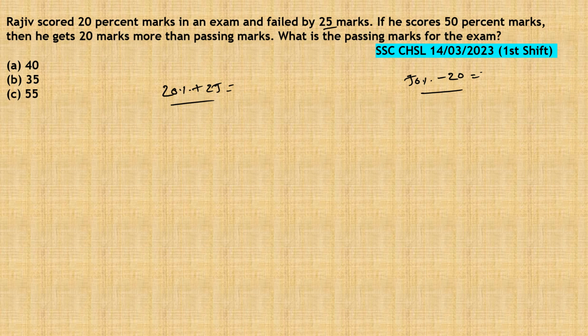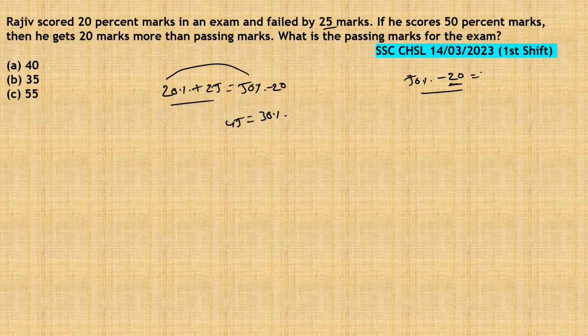If you equate both of them, 50% minus 20, these 20 are extra to the passing marks. 50 minus 20 is 30%. 25 plus 20 is equal to 45. So 30% denotes 45. What is the passing marks for the exam?